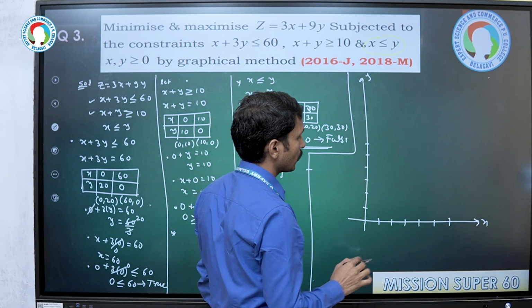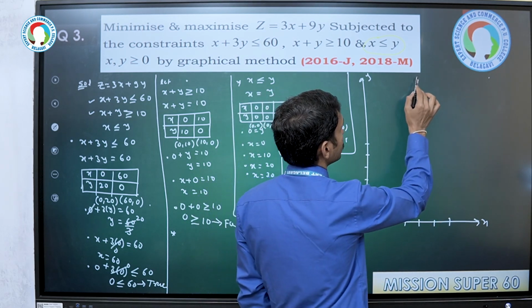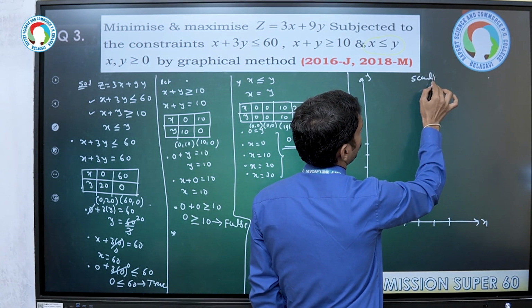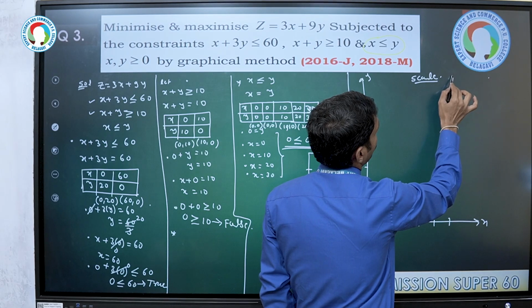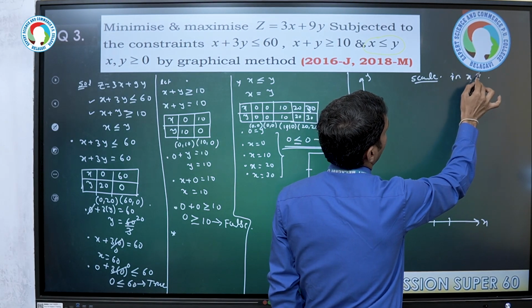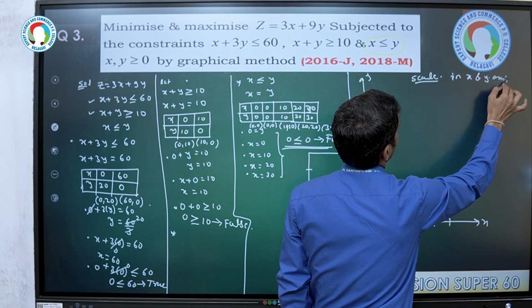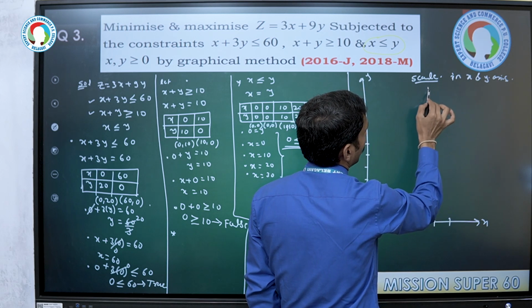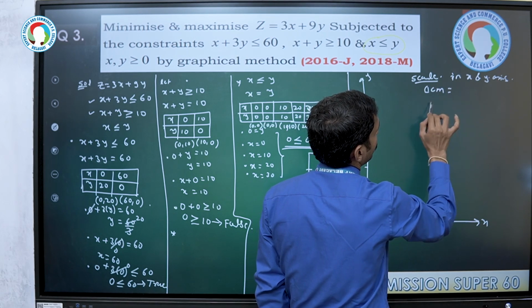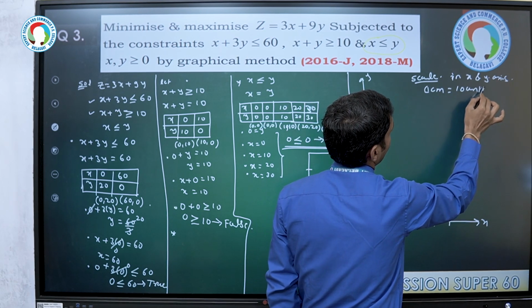So we'll write the scale in x and y axis: 1 centimeter is equal to 10 units.